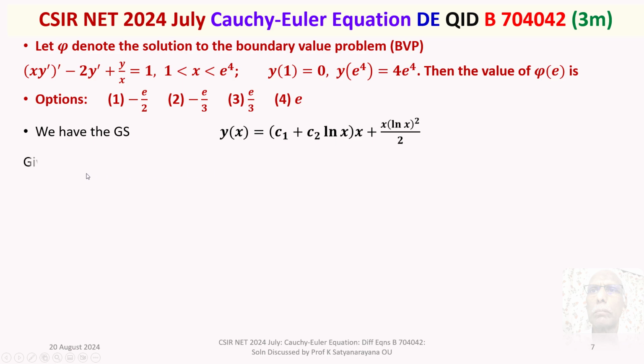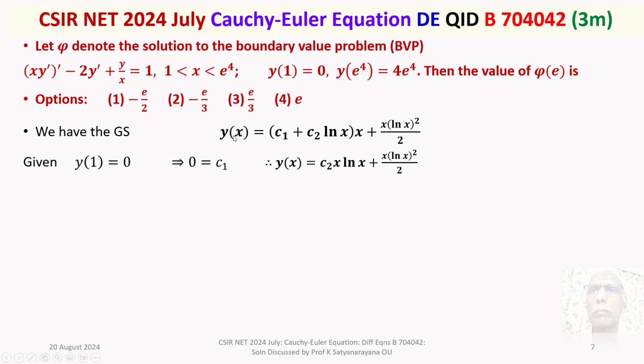So y of 1 is equal to 0. In the above general solution, put x equal to 1 and y equal to 0.